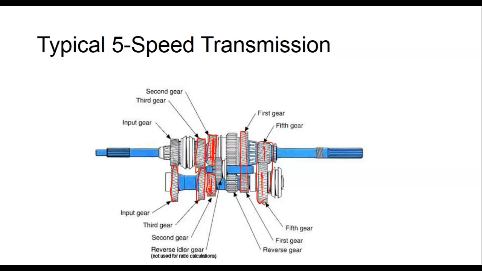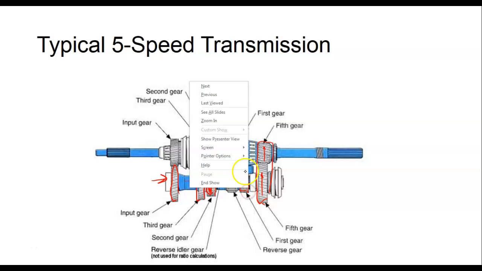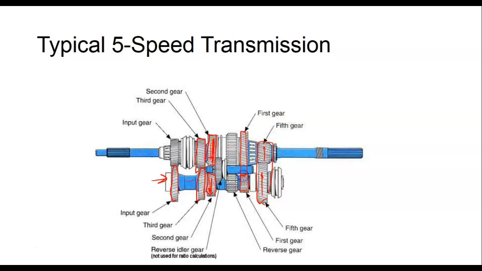Torque, yeah. And this is the input gear. So I guess all these would be the driver, right? And these right here would be the driven. So this is first gear, I don't know if I said that right. This is the driver, this is the driven, so this would be a torque multiplier.